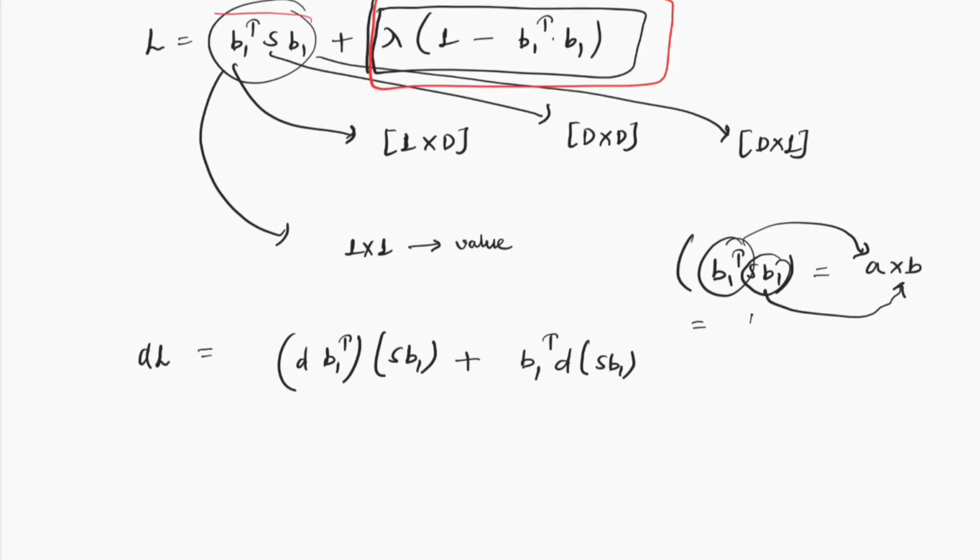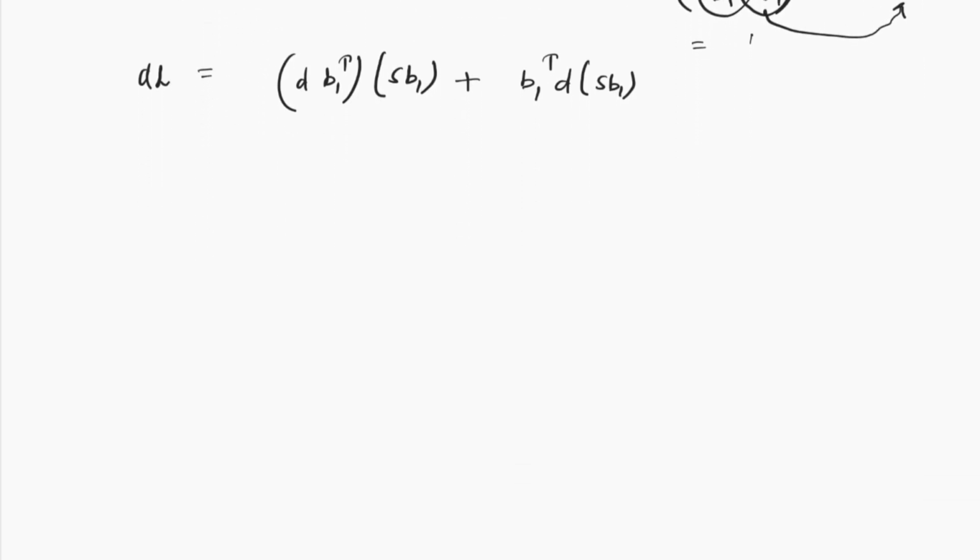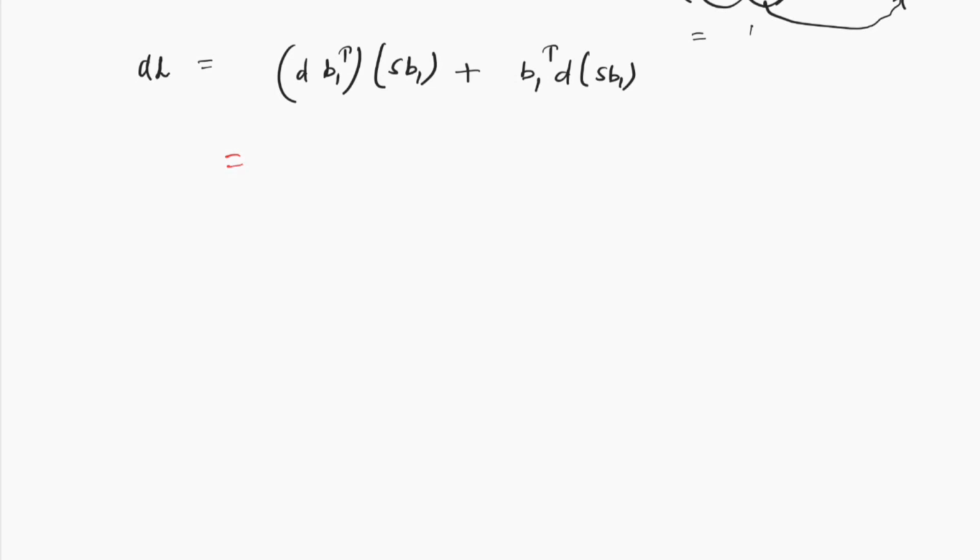We just try to understand the differential of this part, because once you understand this one, this becomes very straightforward. The derivative with respect to b1 transpose becomes Sb1 plus b1 transpose, and S can be taken out since S is not dependent on b1. So S can be considered a constant with respect to b1, and you can write it like this.